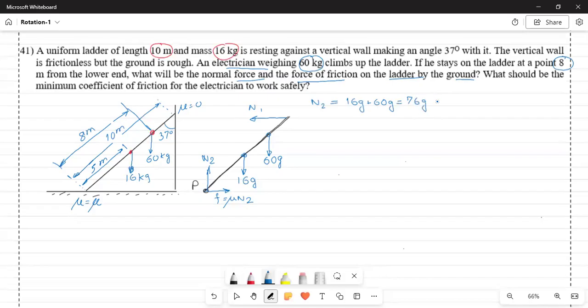If you put the value of g, this becomes 745 Newton. This is one relation. We have found the value of N2.